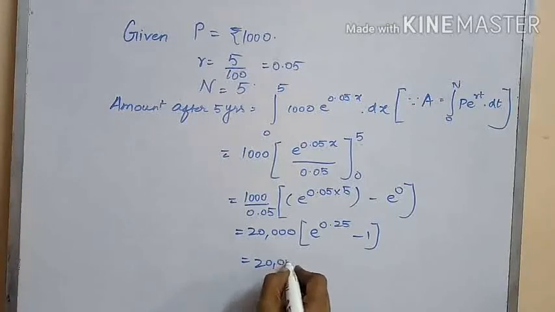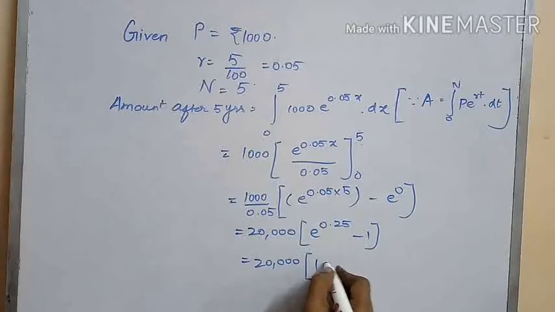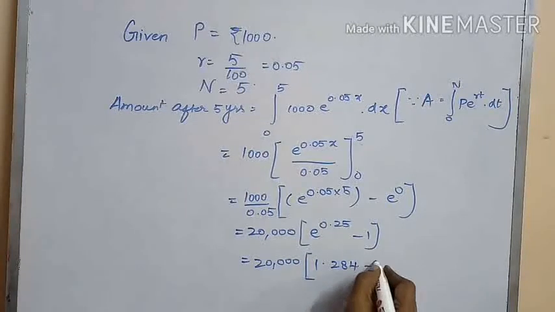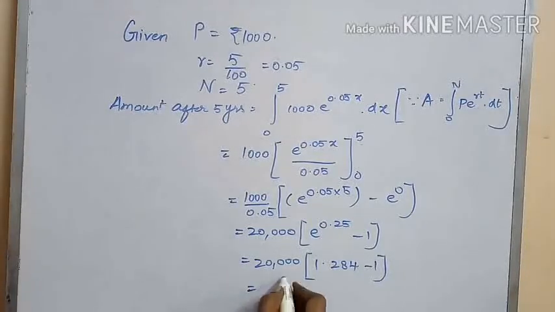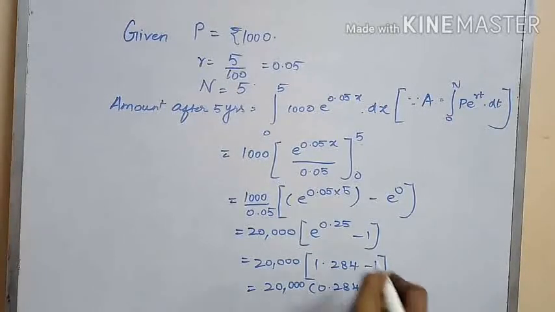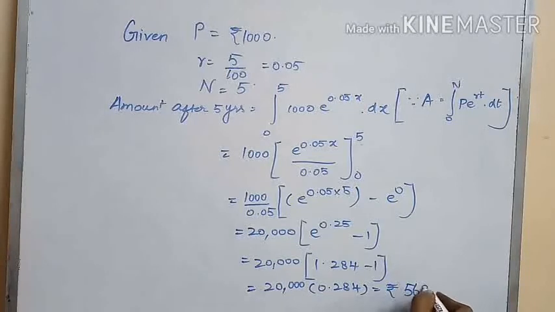We are given that e to the power of 0.25 is equal to 1.284. Let us substitute and simplify so that we get 20,000 into 0.284, which is equal to rupees 5,680.